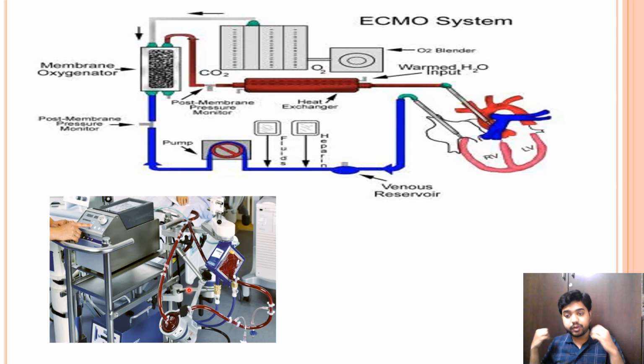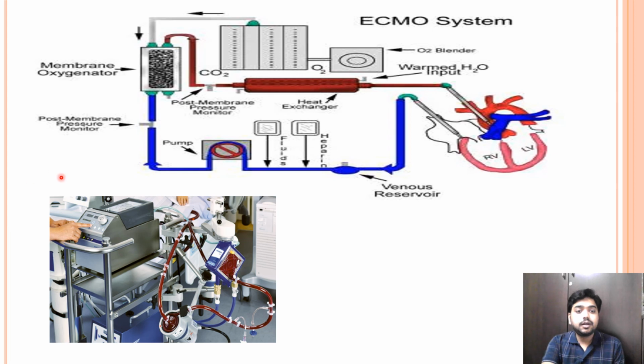It provides 100% oxygen. You can titrate the FiO2, ranging from 40 to 60, whatever oxygenation you want to give, and the oxygenated blood goes through that centrifugal force pump, and it pumps the blood back into the external kit.